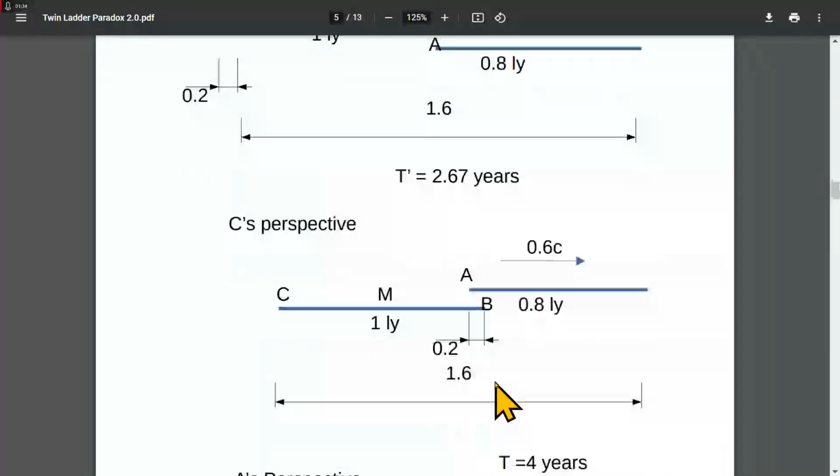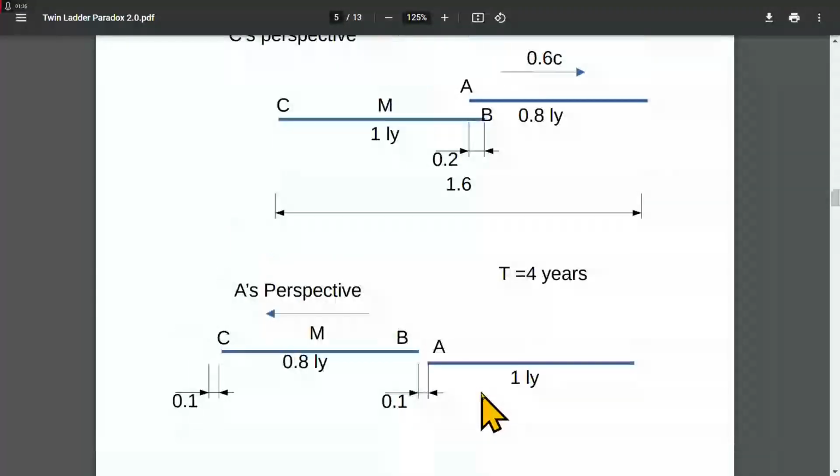Now, if we go to A's perspective, what does A see? Well, A's perspective is actually pretty straightforward. A would see B, or in this case M, actually, realistically, this object travel for 2 light years. Because that would be the total distance the other object would have to travel. So A would actually see B go past them, creating a gap of 0.1 light years. Now, remember, there will be a gap here.